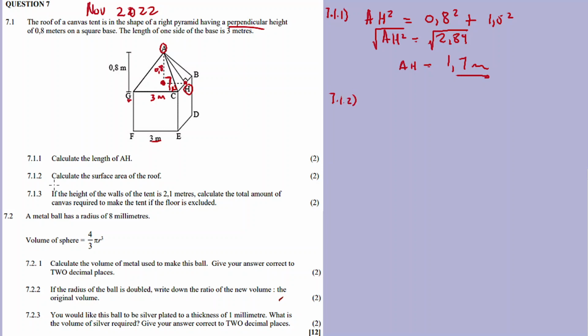7.1.2, calculate the surface area of the roof. The roofing is a right pyramid, meaning the triangles have right angles.